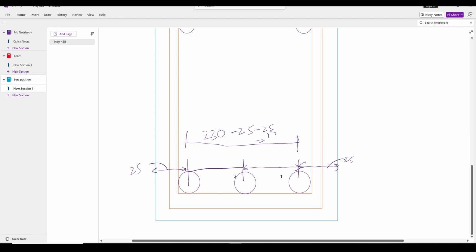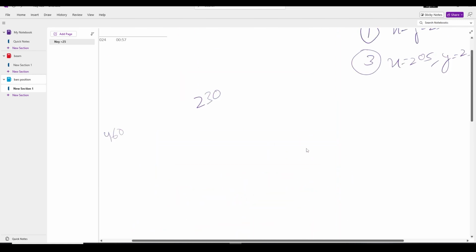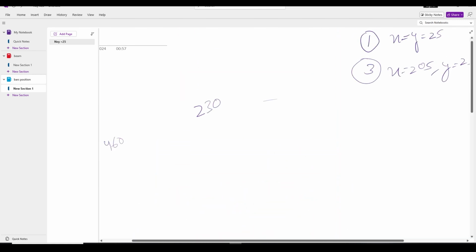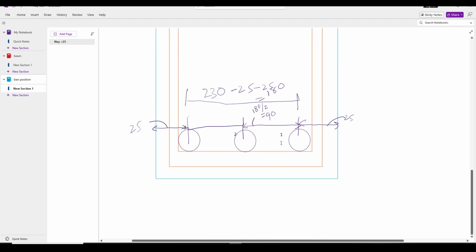Half of 180 is 90 mm. So 90 plus 25 is 115 mm from the coordinate. So for the second, x equals 115 and y equals again 25 mm. So we have calculated bars number 1, 2, 3.